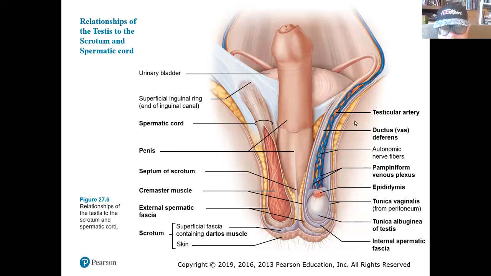Anyway, so inside the spermatic cord, we are going to have the tunica albuginea, albu like white, and then we'll have the tunica vaginalis. That is an extension of the peritoneum. Whenever the testes drop, they pull all this stuff with them.